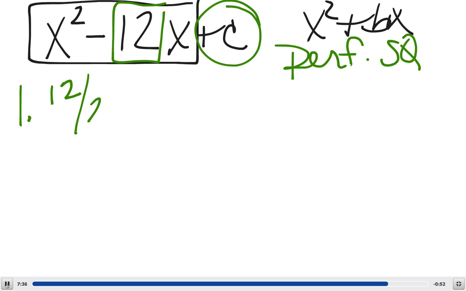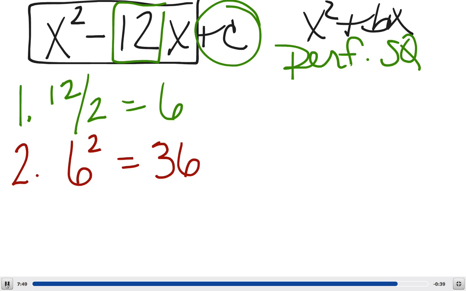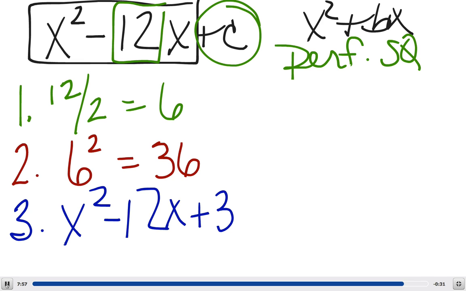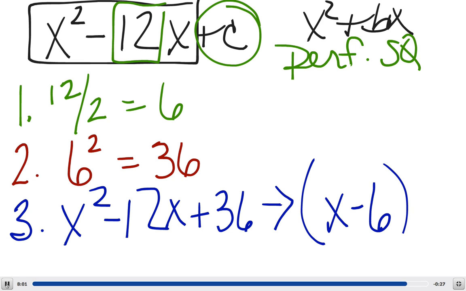So 12 divided by 2 is going to give me 6. Step 2 was to square my answer to step 1. So I'm going to have 6 squared, which is going to give me 36. And then step 3 was to add it to the equation. So x squared minus 12x plus 36, which I can rewrite now as x minus 6 squared.